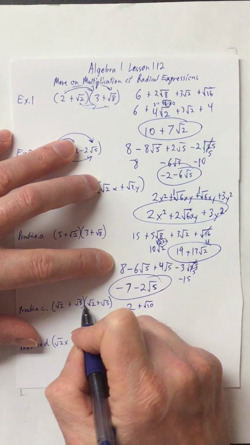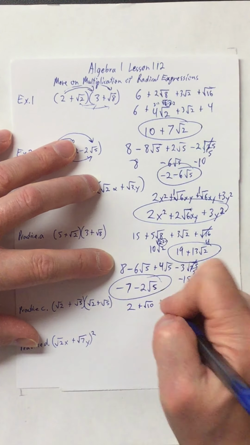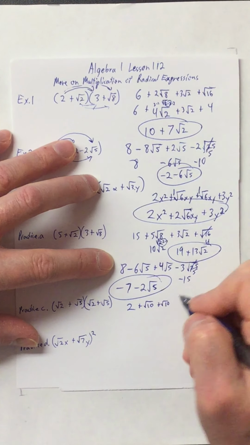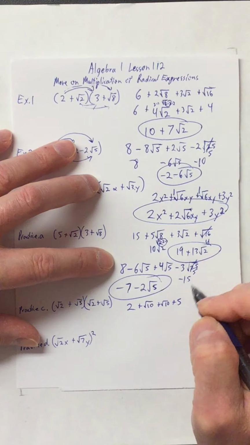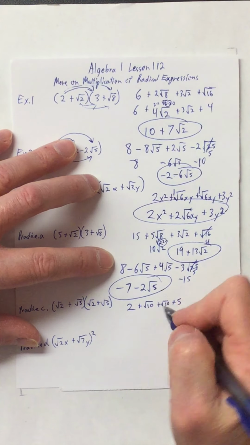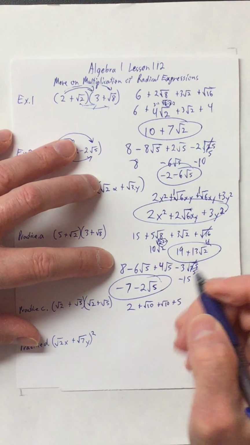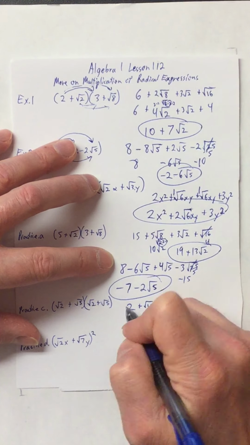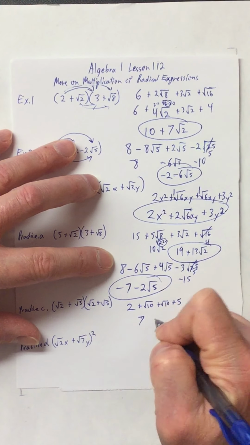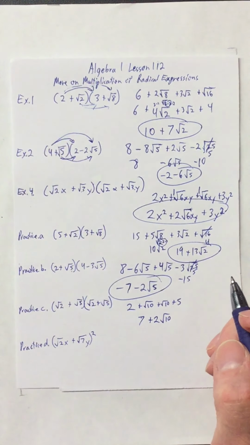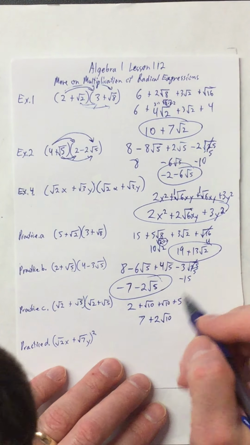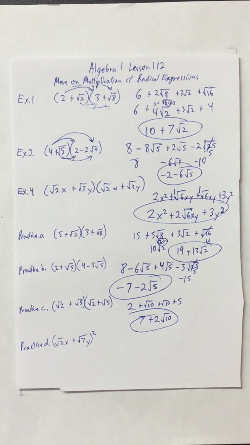All right, and then second part here, plus square root of 10 again. And then last part, square root of 5 times square root of 5 is the same as plus 5. And then my two middle terms can combine. My first two terms can combine too, so it looks like 7 plus 2 square root of 10 is my answer for practice problem C.